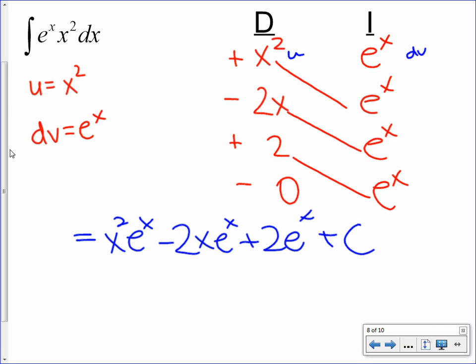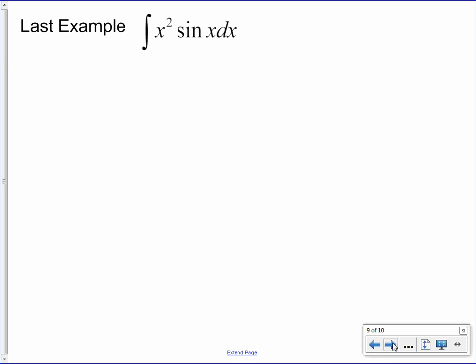Another one? Sure, let's go for it, although I'm going to change this to an x to the 4th. And when is the chart going to be our option?